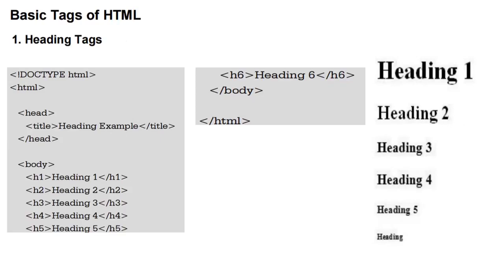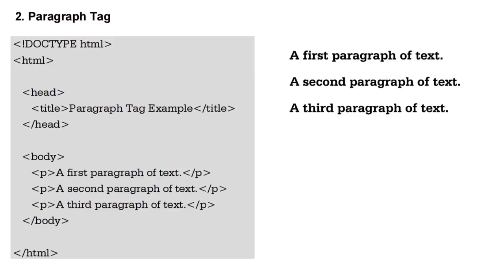Fine. So the next one is the paragraph tag. Here I have included a few examples. Based on these examples, you should explain your answer so that it would be clear and legible. Why is this paragraph tag used and where is it used? If you want to add any paragraph in your web page, you have to add this paragraph tag.